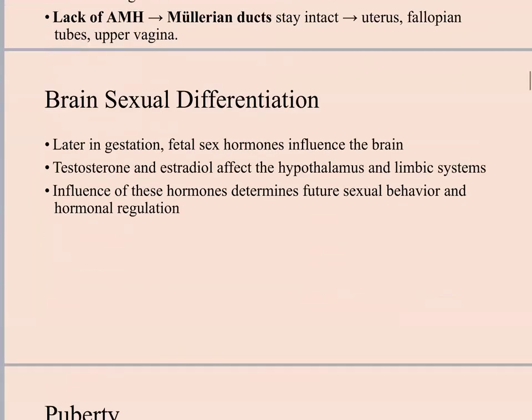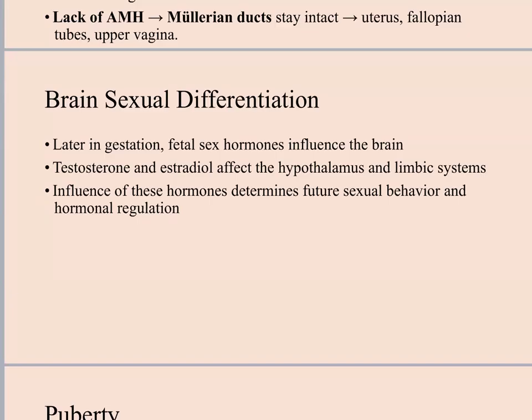In the brain, later on in gestation, the fetal sex hormones influence brain development. So testosterone and estradiol, which is another name for estrogen, affect the hypothalamus and the limbic system. And it's the influence of those hormones that determines future sexual behavior and hormonal regulation.